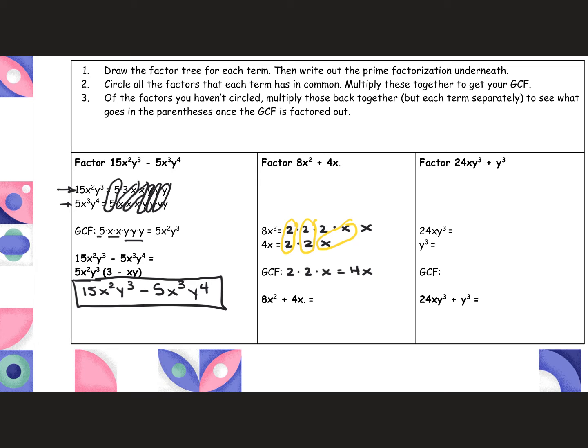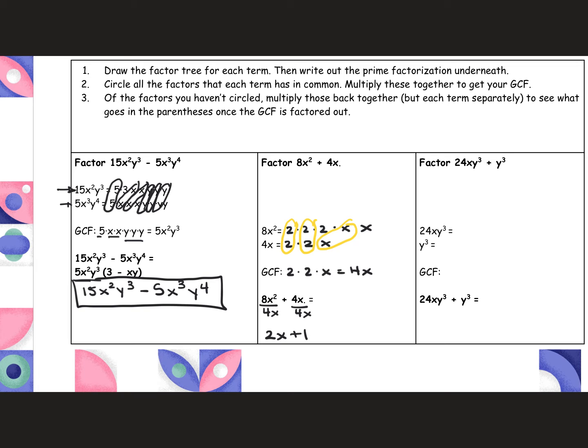All right, so now going back, I'm going to divide each term by 4x. So we have 8x squared divided by 4x. 8 divided by 4 is going to be 2. X squared divided by x just gives me x. 4 divided by 4 gives me 1. X divided by x gives me 1.